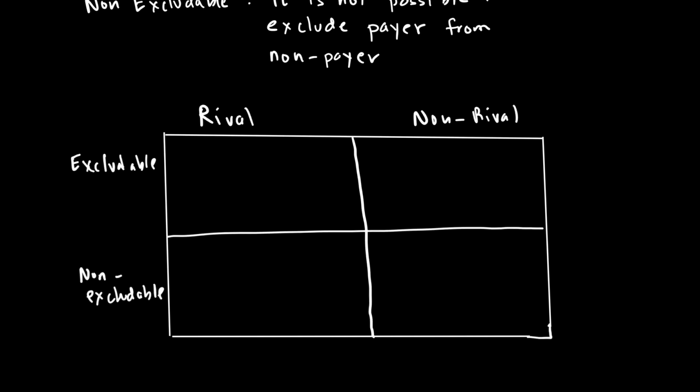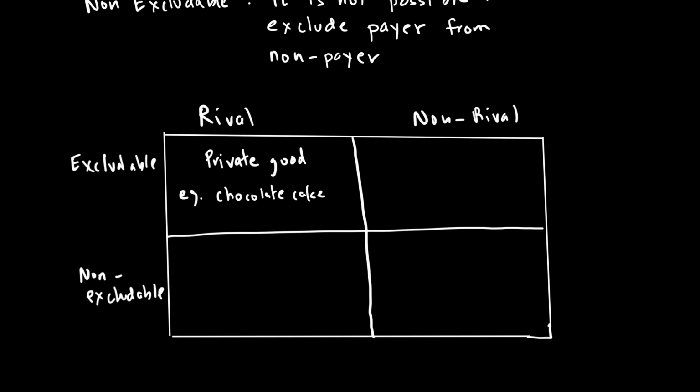If a good is rival and excludable, we call that a private good. A private good is bought and sold in the market and functions pretty well when it comes to buying and selling. For example, a chocolate cake is both rival and excludable.